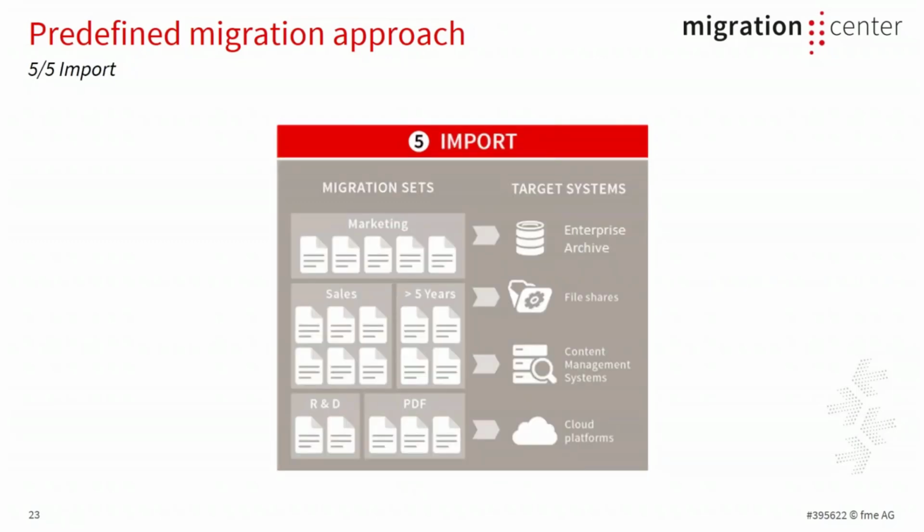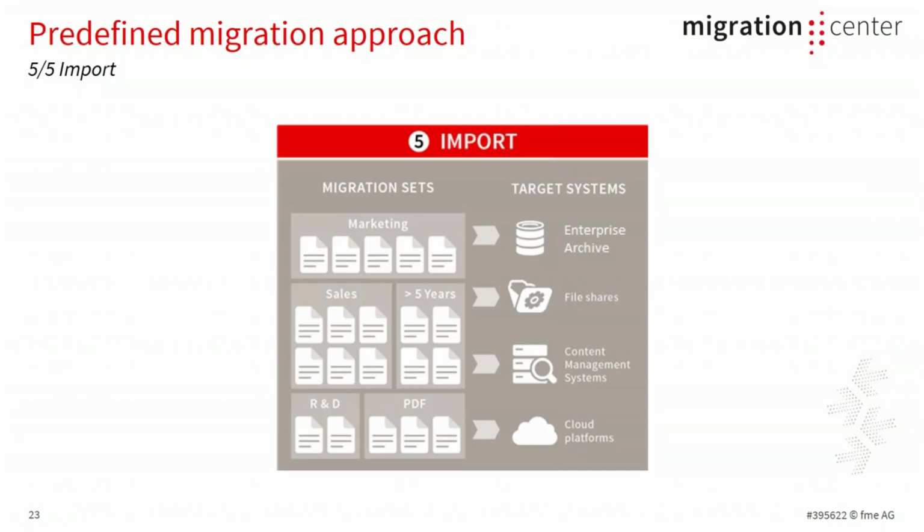Once the data is validated, you are going to import the data or archive the data. So then again, you have this set-by-set approach, so you can decide where to go with the document. You can import or ingest those into an InfoArchive, or migrate those documents into a file share or into a content management system. You can even duplicate the data if you like.